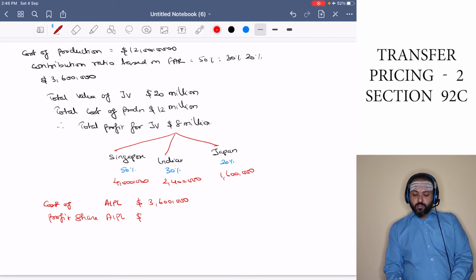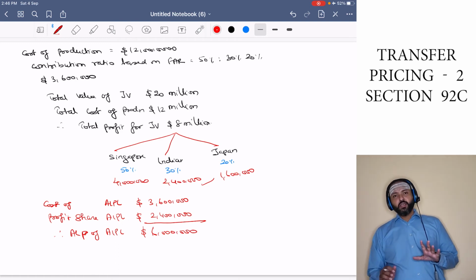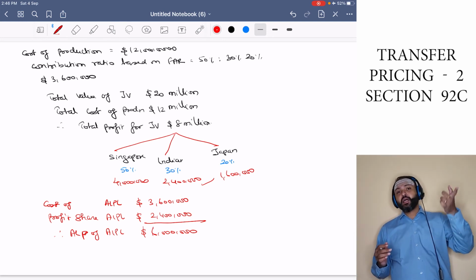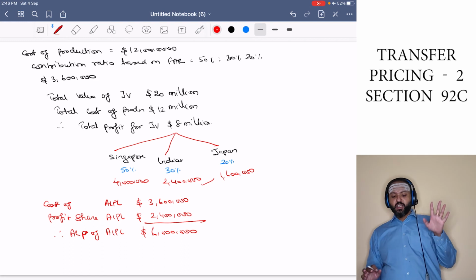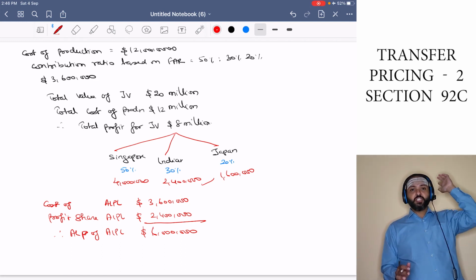How much is it? From here, we know that it is 2.4 million. Therefore, ALP of AIPL. What is the arm's length price? It is $6 million. So, what is the meaning of this? From the joint venture, AIPL should get a revenue of $6 million.